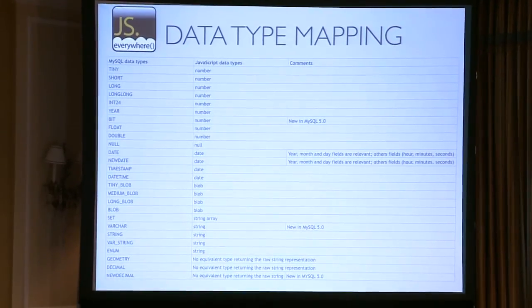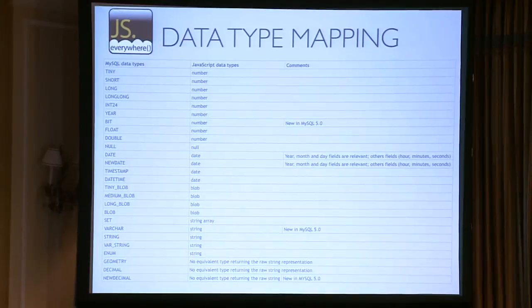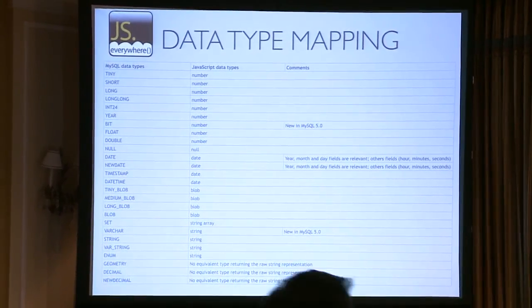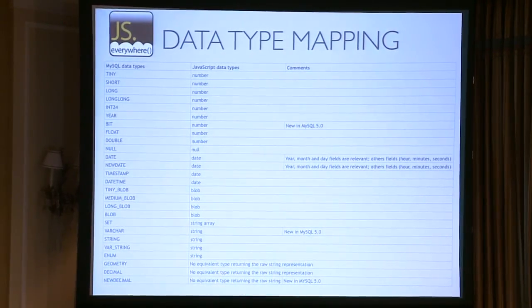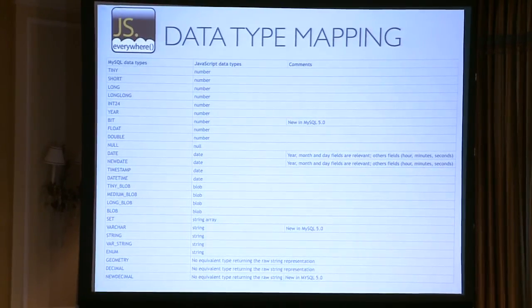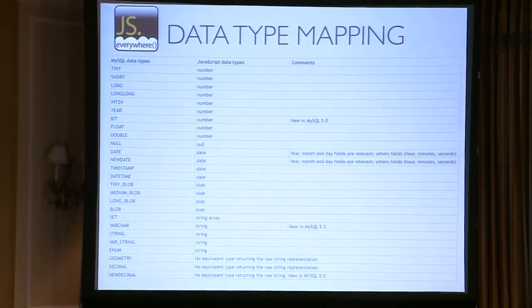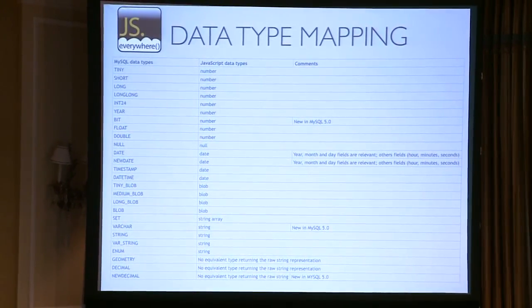For the last three types from MySQL, there are no equivalents in JavaScript, so we have to return the raw string representation. And for date and datetime, only the year, month, and day fields are relevant. The other fields are filled with zeros.